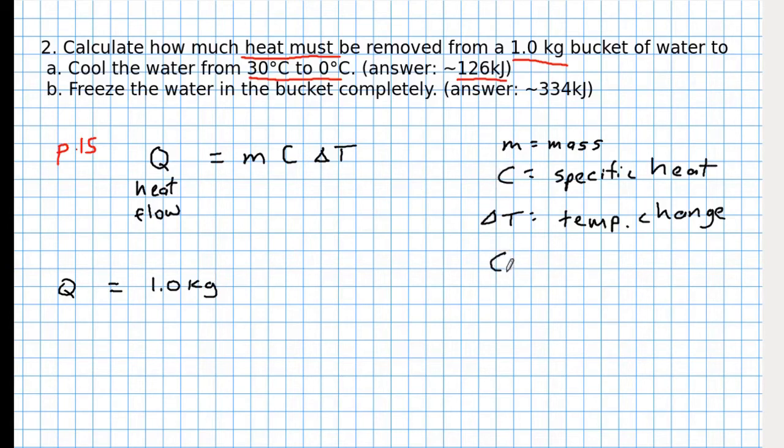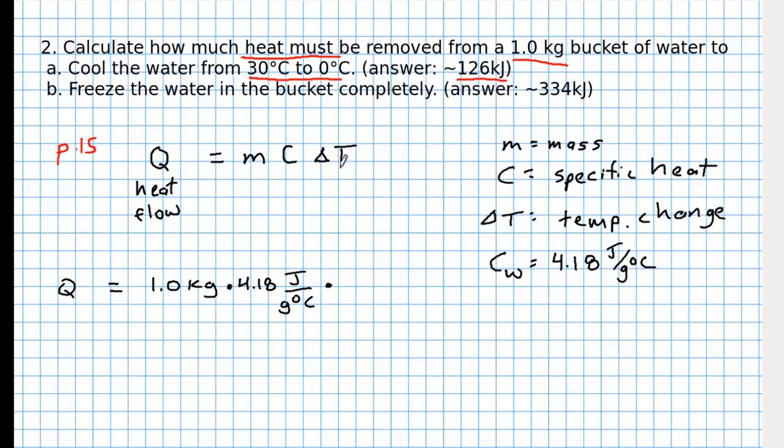So the C for water is 4.18 joules per gram degree Celsius, which is an interesting combination of units. So that means every gram of water that you increase in temperature or decrease in temperature by 1 degree Celsius requires 4.18 joules. So 4.18 joules per gram degree Celsius, and I'm multiplying between there.